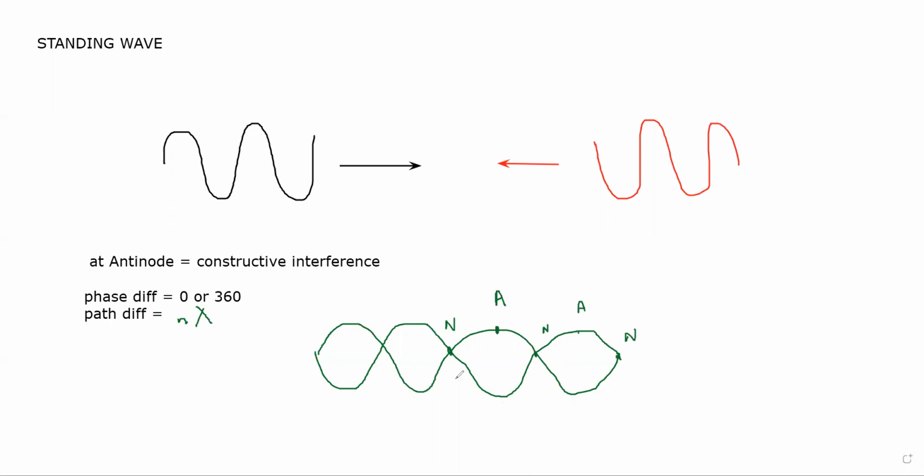the formation of a node means they cancel out the effect of each other, at the point where these two waves join. So at the place where the node is formed, there is a destructive interference. As you can see, the amplitude is 0.